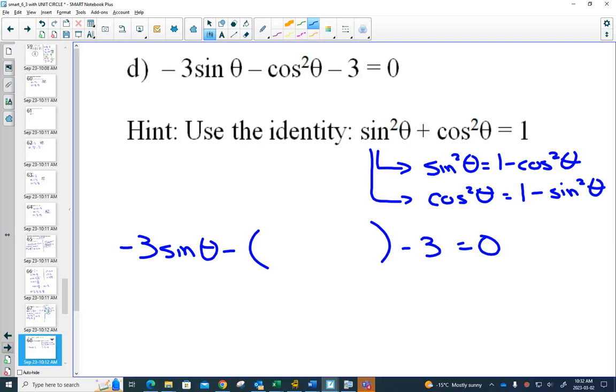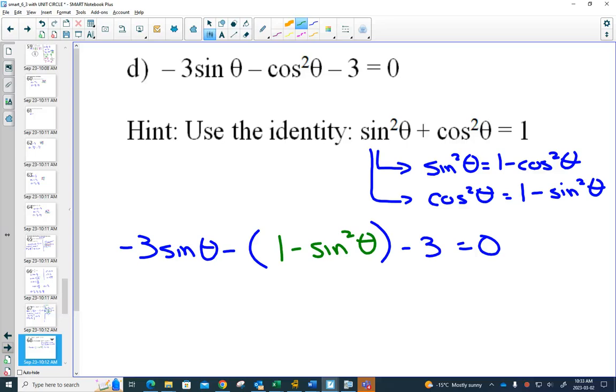The big idea lets me rearrange this and say, I can replace cos squared because it's equal to 1 minus sine squared. I can replace it. I'll even do it in Greek. I replace the cos squared with a 1 minus sine squared.